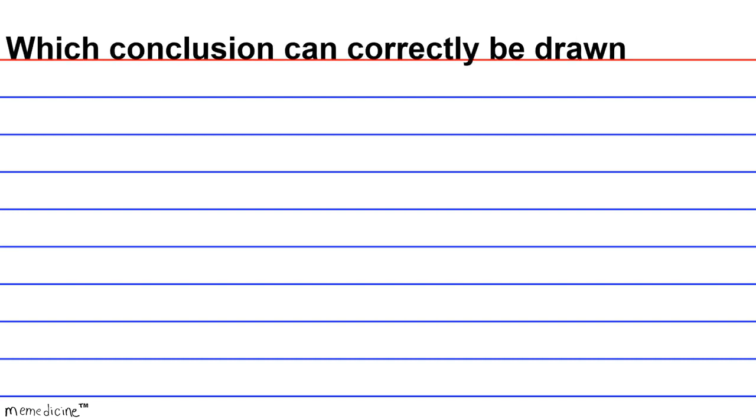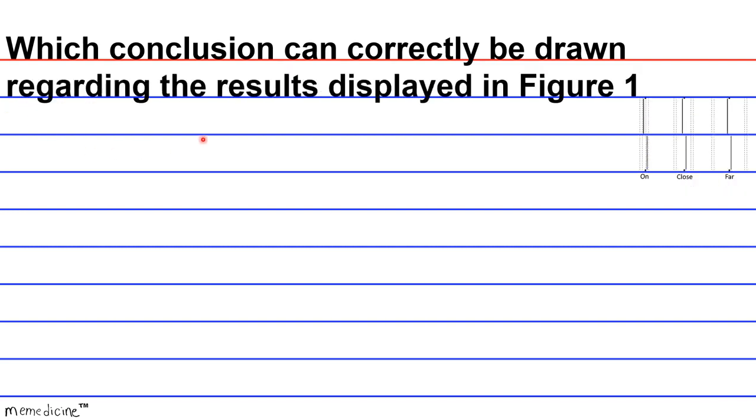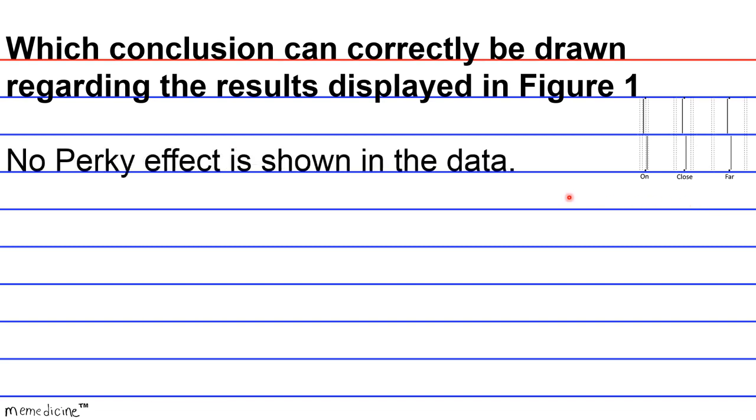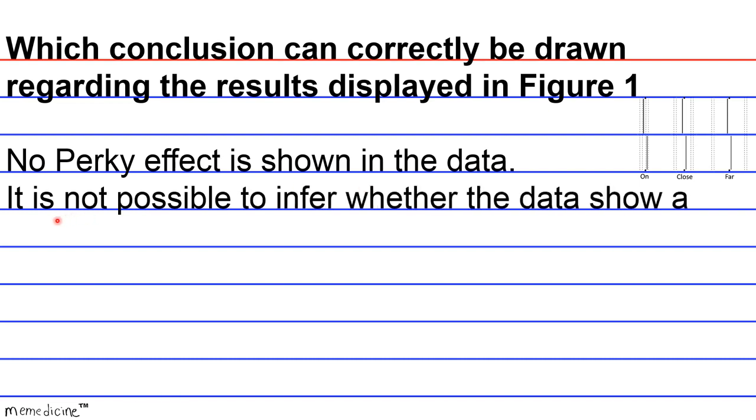All right, so for our first question, which conclusion can be correctly drawn regarding the results displayed in Figure 1? Is it A, no Perky effect is shown in the data? Is it B, it's not possible to infer whether the data show a Perky effect?